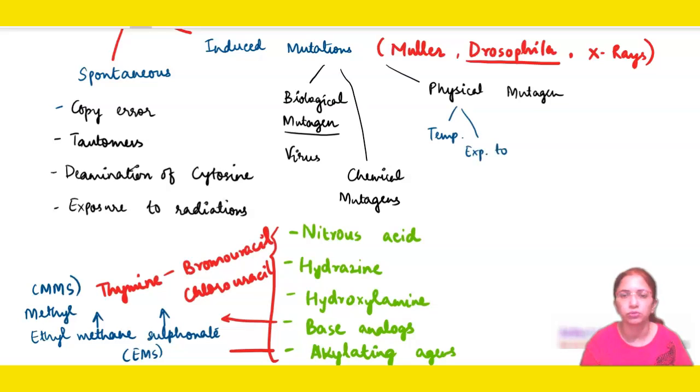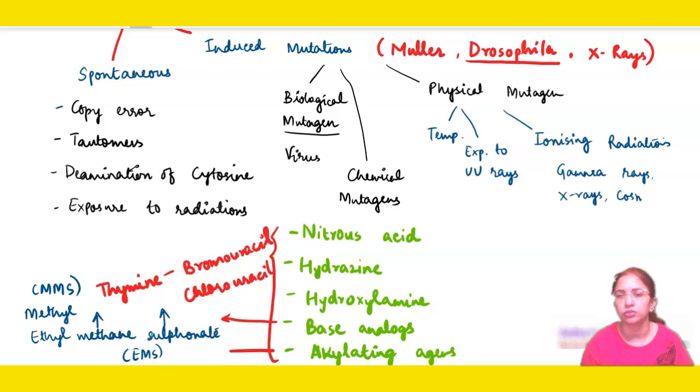Exposure to UV rays can also cause mutations, right? And the third reason is exposure to ionizing radiations, which includes your gamma rays, cosmic rays, X-rays. Okay, these all have the capacity to cause mutation.